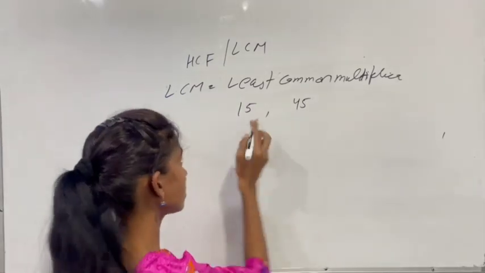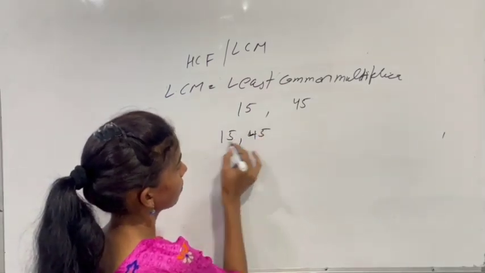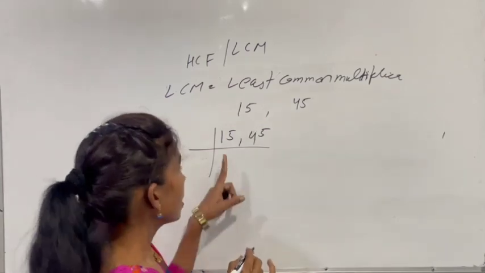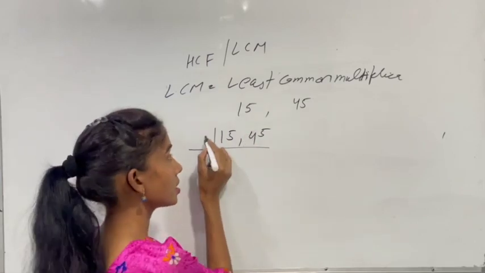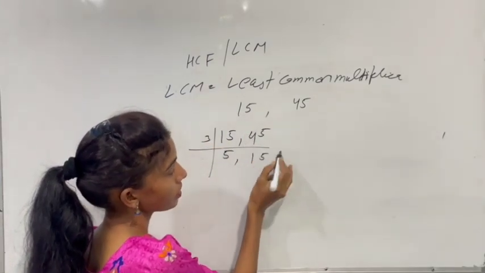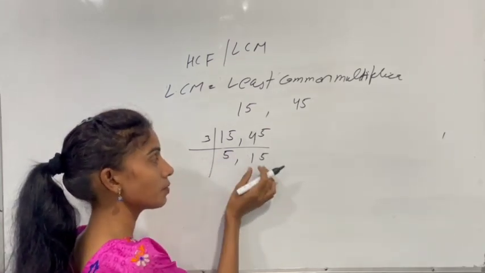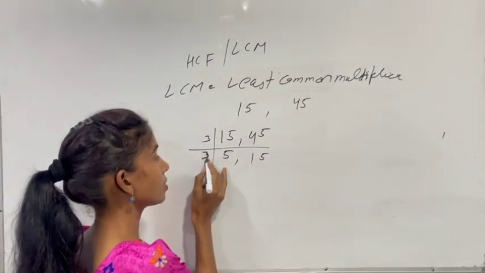Firstly, the division method, with 15 and 45. Take both numbers. They are not divisible by 2, so we take the next number, 3. 3 fives are 15, 3 fifteens are 45. Here 5 is not divisible by 3, but 15 is divisible by 3, so we divide again by 3.